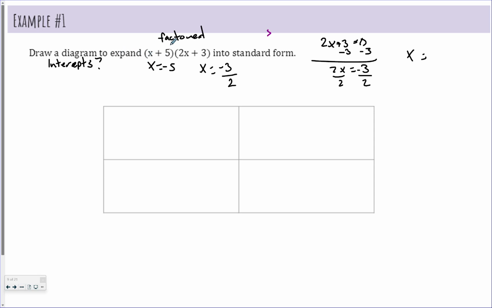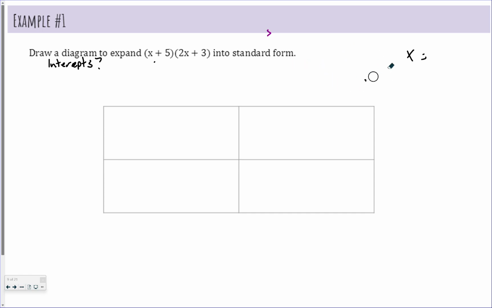Okay, so let's move some of the stuff here. It's in the video now, so we can erase this. So suppose I wanted to know the y-intercept and not the x-intercept, right? So I'm going to keep it over here. Again, x equals -5 and x equals -3/2. I'll keep those there for safekeeping.